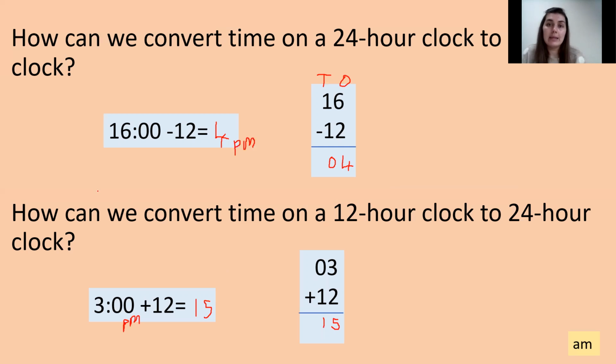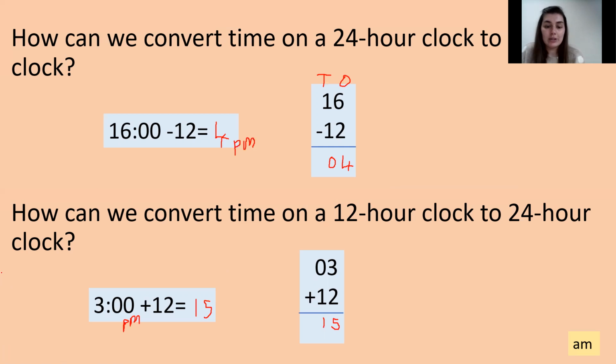Now, the PM is important because on a 24-hour clock, the AM times remain the same. We don't need to convert them. So I know that this is 3 PM, not 3 AM. So that is how we convert the time on a 24-hour clock to a 12-hour clock, and then how we convert the time on a 12-hour clock to 24 hours.